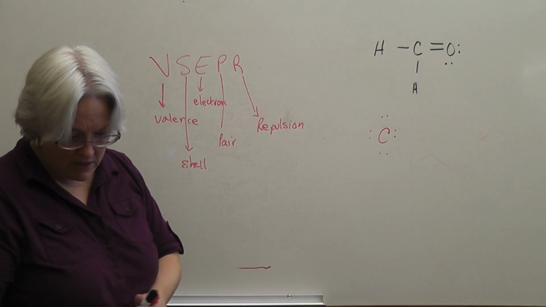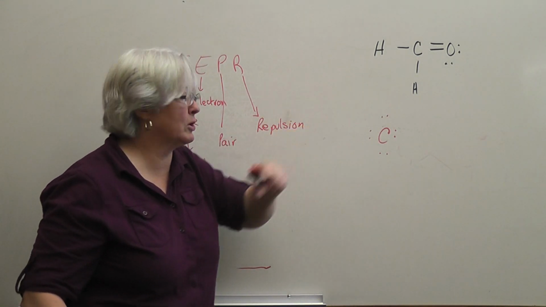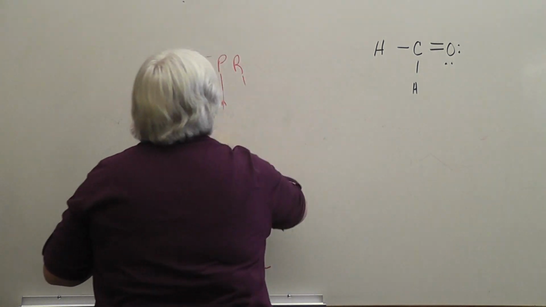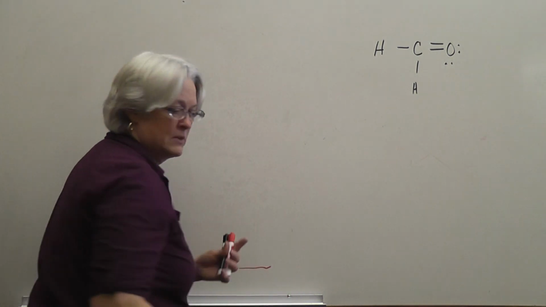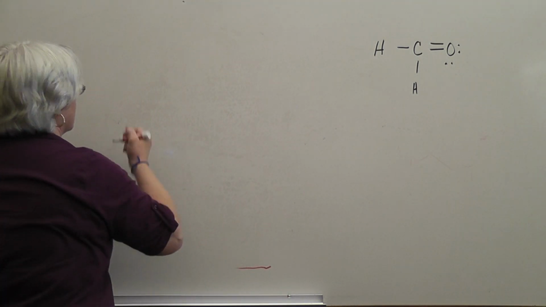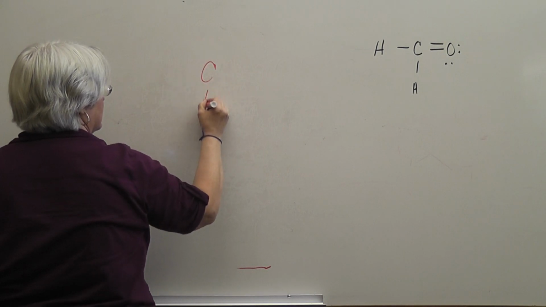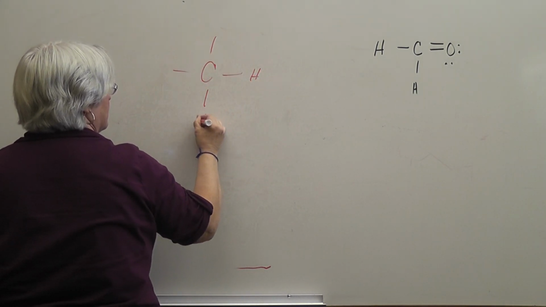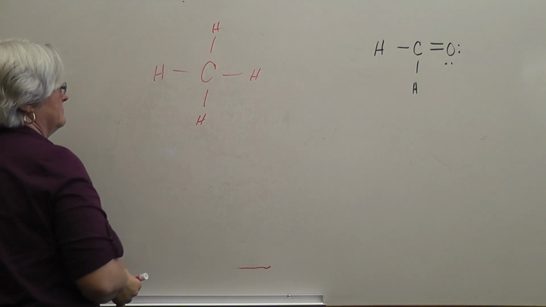Let's go ahead and start, instead of this one right here that's a little bit more complex, with a very basic Lewis structure. Let's say that we have carbon tetrahydride, CH4. It has a carbon in the center with a hydrogen at each end.